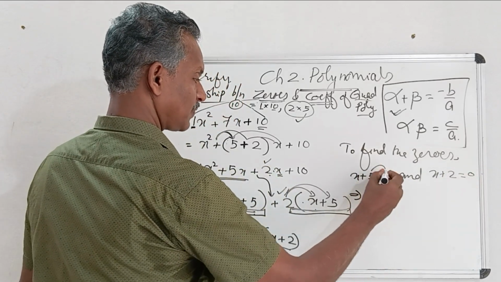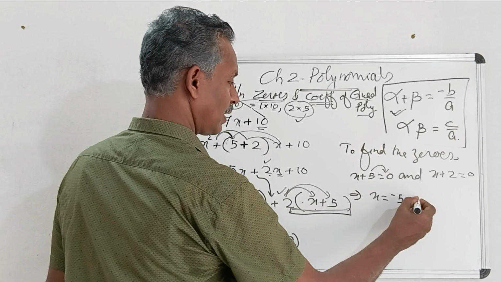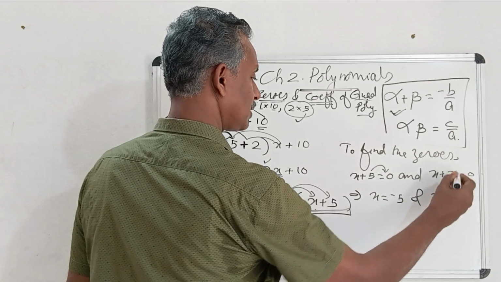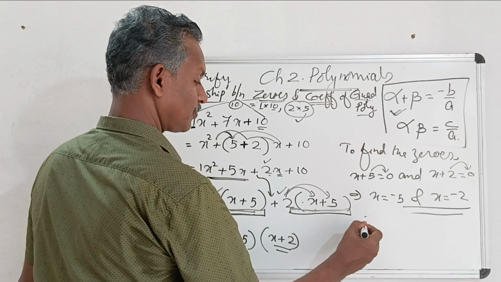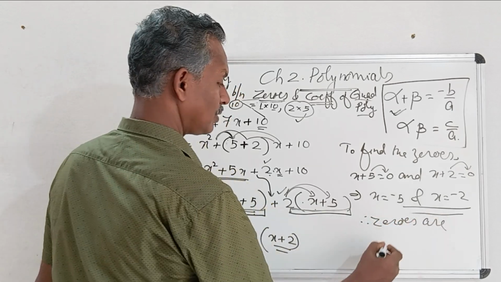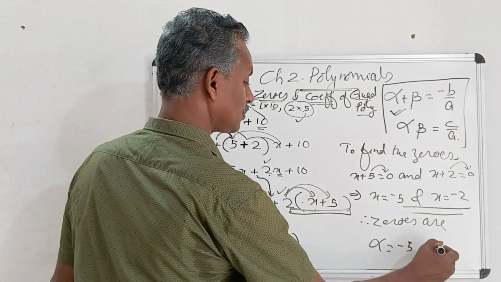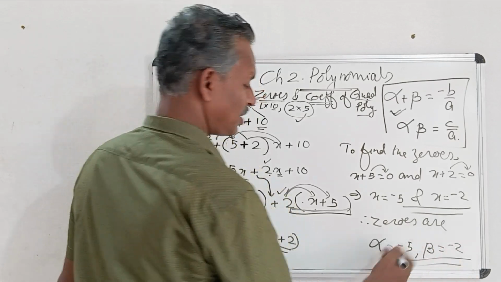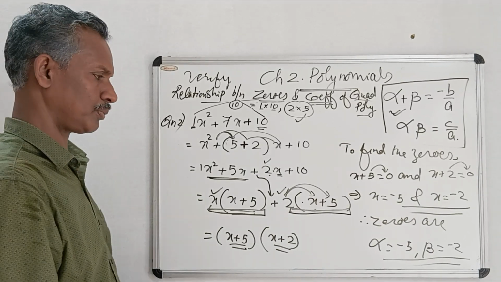So this plus 5 goes to the other side, and x is minus 5, and plus 2 goes to the other side, it is minus 2. Therefore the zeros are, alpha is minus 5, beta is minus 2. You can interchange also, alpha is minus 2 and beta is minus 5, there is no problem.